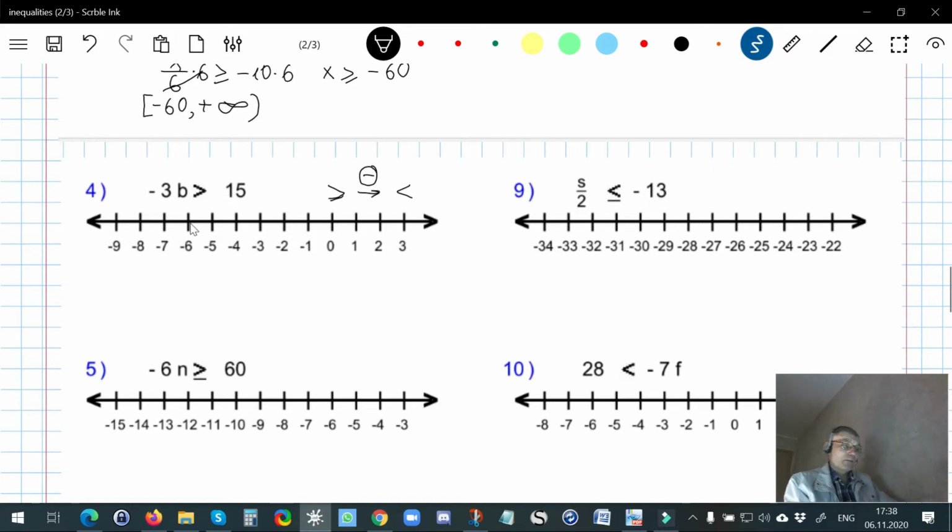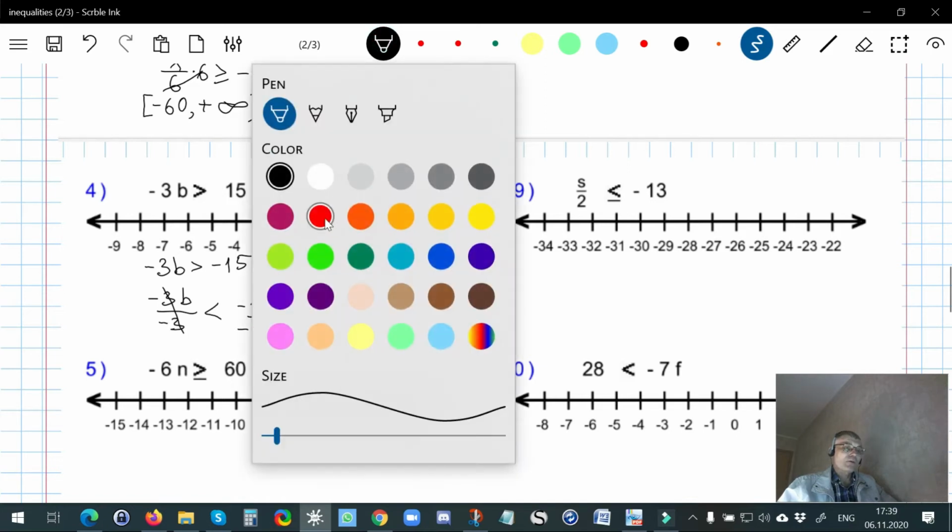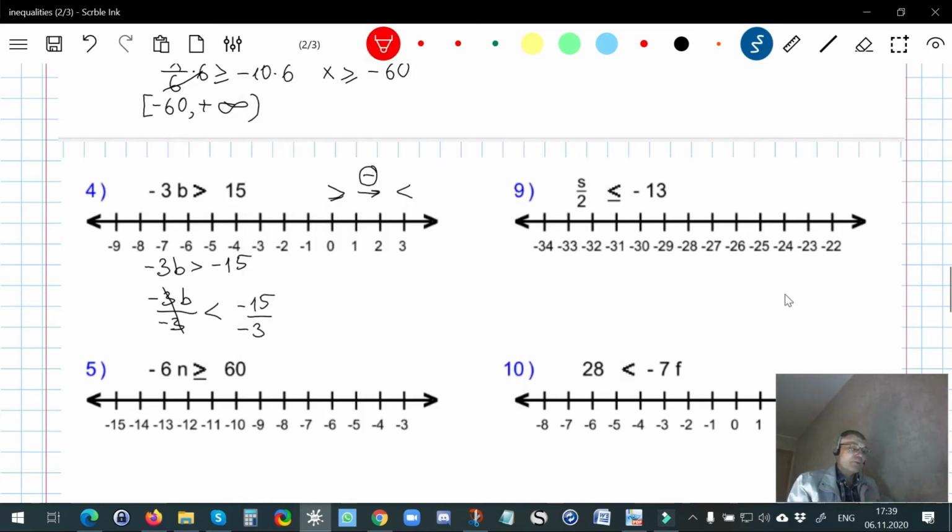Let me rewrite the original to show you that when I divide by negative 3, I change the direction of my inequality sign. Here negative 3 cancels, but the trickiest part, of course, is this flip of the sign. We mustn't forget that.